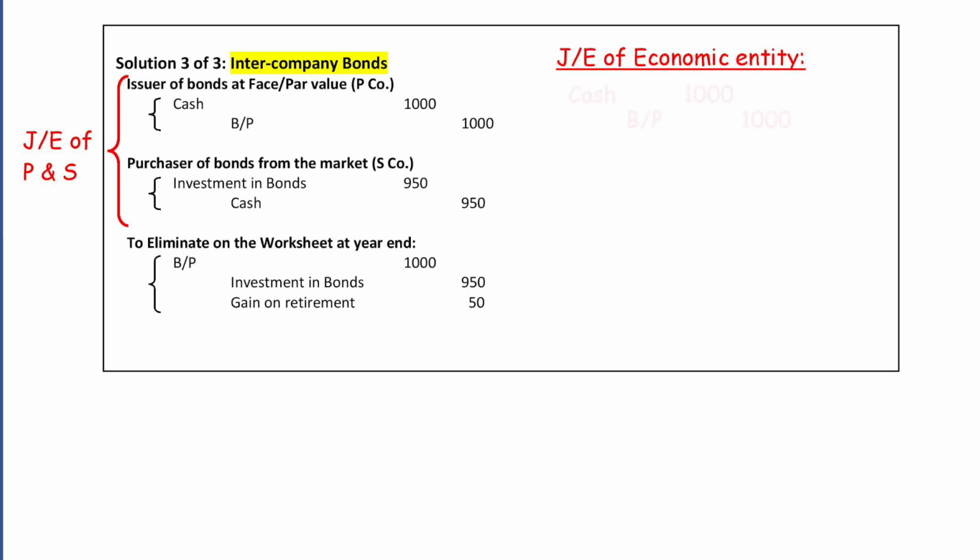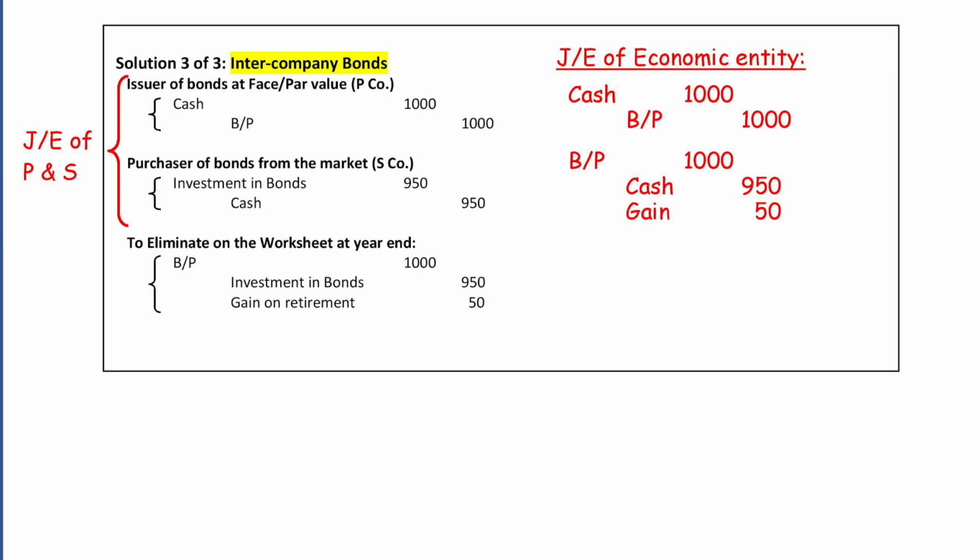Cash debit $1,000, bonds payable credit $1,000. And also write the second journal entry, which should have been bonds payable debit $1,000 because they're no longer outstanding, cash credit $950, they've been bought back for $950. And write gain $50. There's a gain on the repurchase, on retirement, of $50.